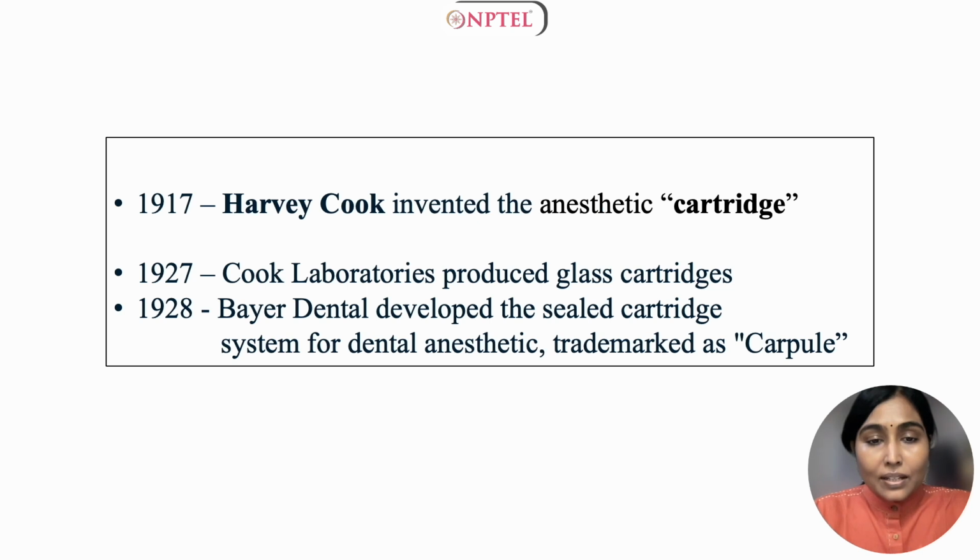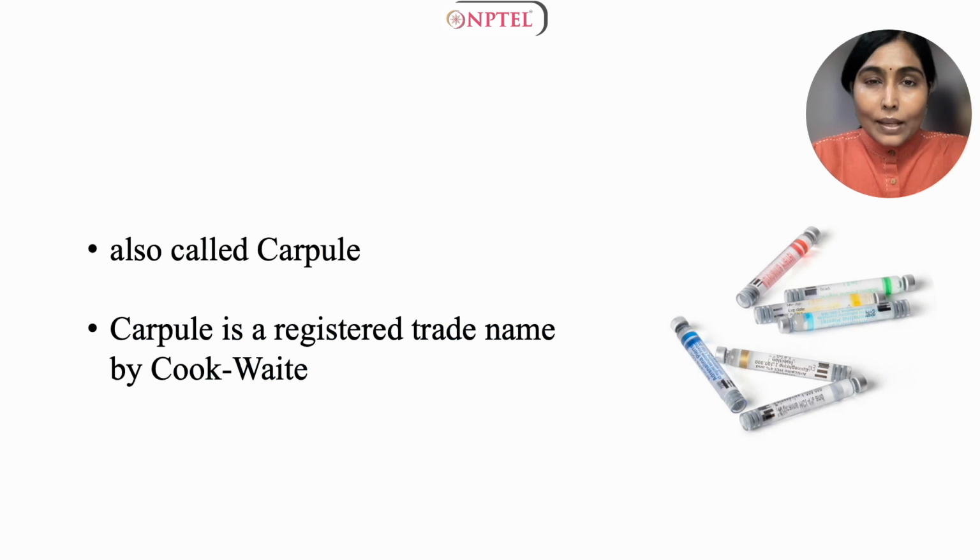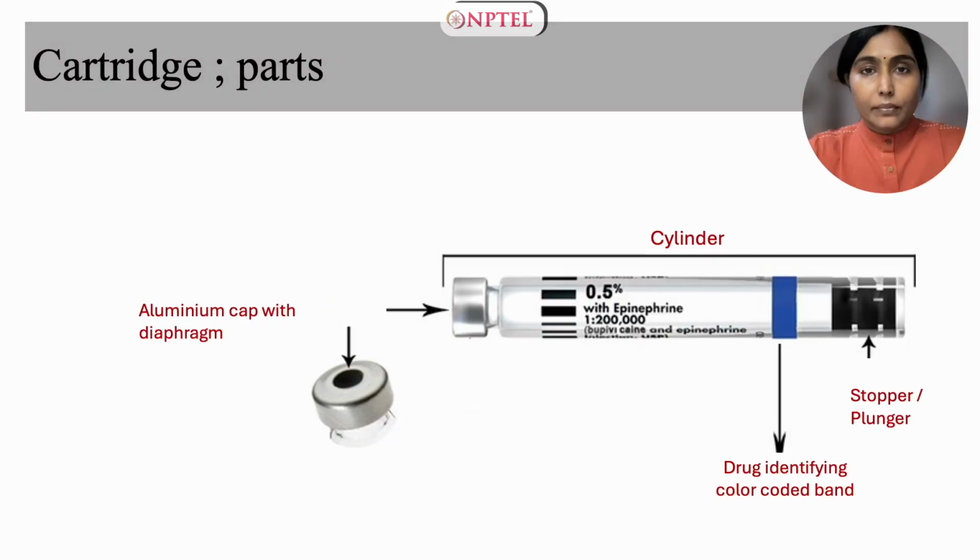In 1928, Bayer Dental developed the first sealed cartridge for dental anesthetic under the trademark Carpule. That is why sometimes people use the term Carpule for cartridge, but now we know the difference. Carpule is exclusive to the Cook-Waite company.